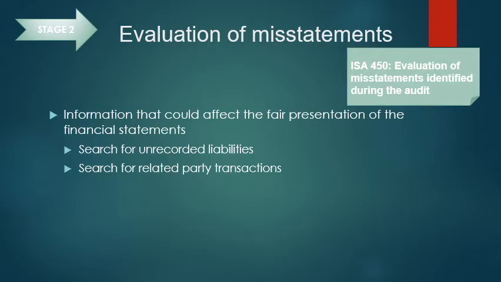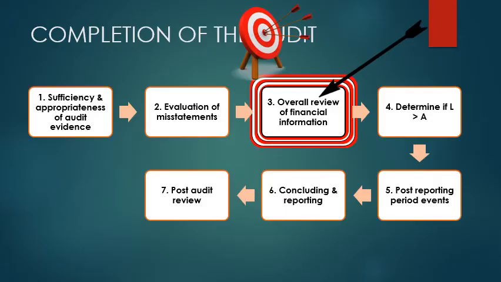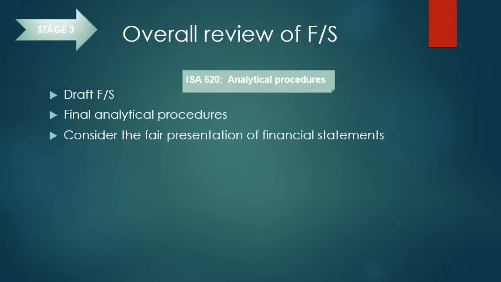We'll now move on to stage 3 of the completion of the audit, which is the overall review of financial information. The guidance available to you in terms of the overall review of financial information is ISA 520, which is analytical procedures.